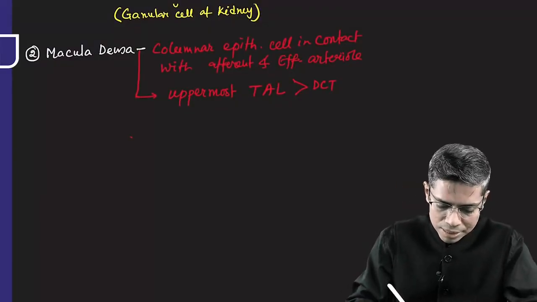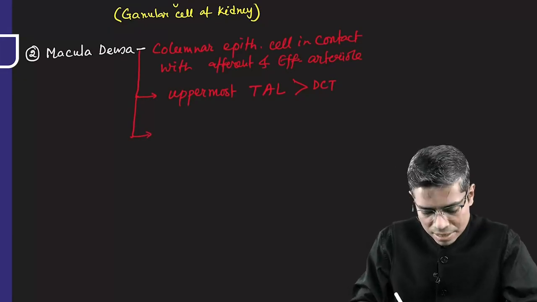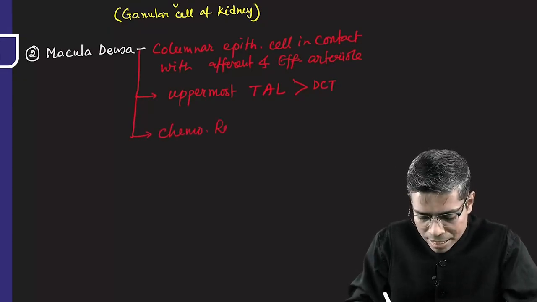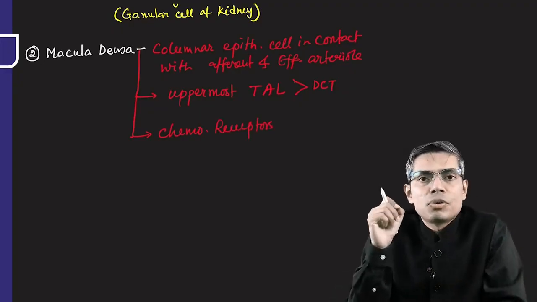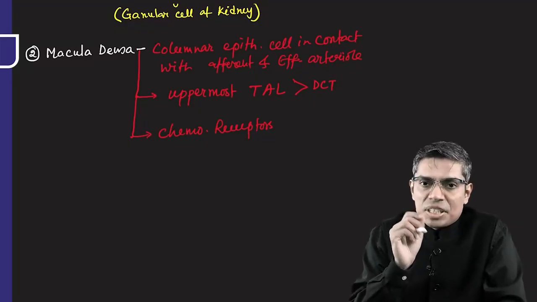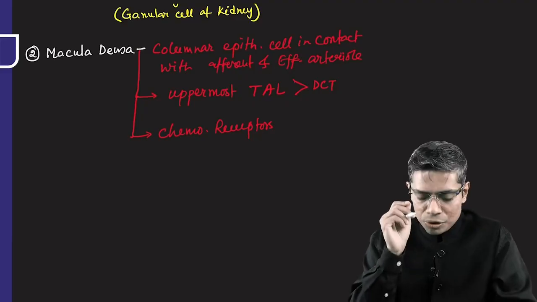Now the third question asked about macula densa cells is: what is the function of this cell? Macula densa cells are known as chemoreceptor cells. These are the chemosensor cells located within the kidney, right? There is also a pressure sensor cell located in the kidney. Could you recall which cell?